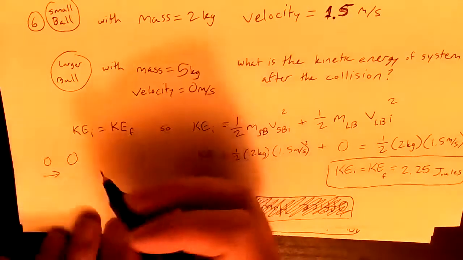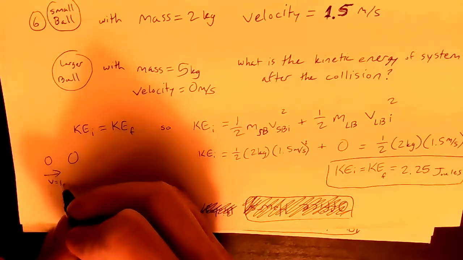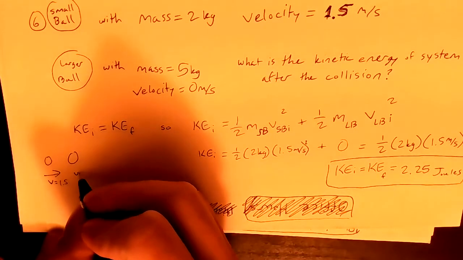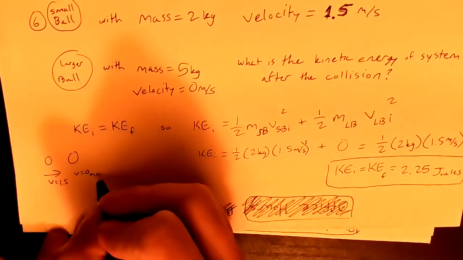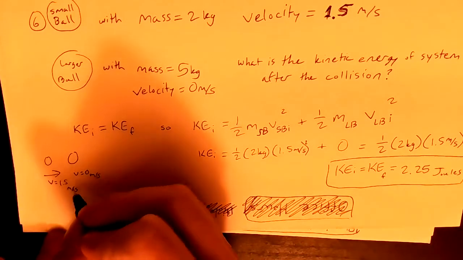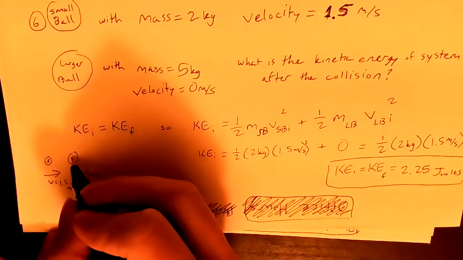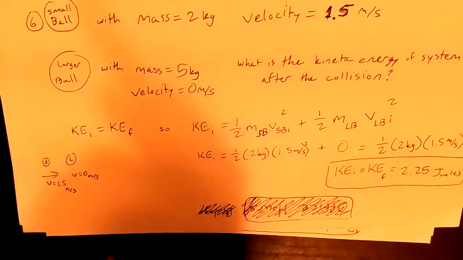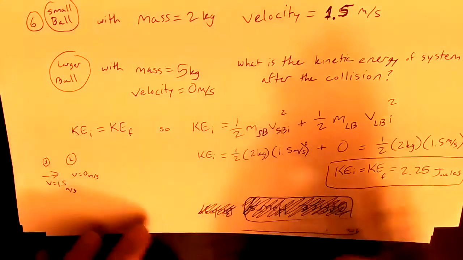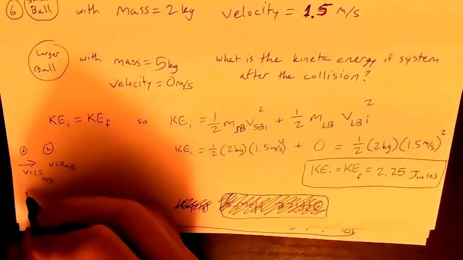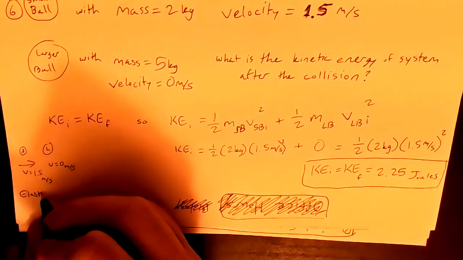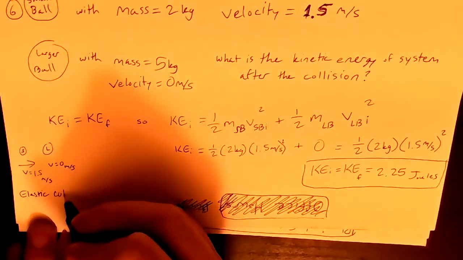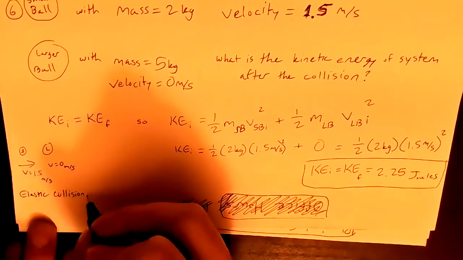So, and then what happens? So v is 1.5, v equals 0 for this one. Small, large ball. Well, this will be an elastic collision, because these are hard surfaces, their shape is not going to deform.